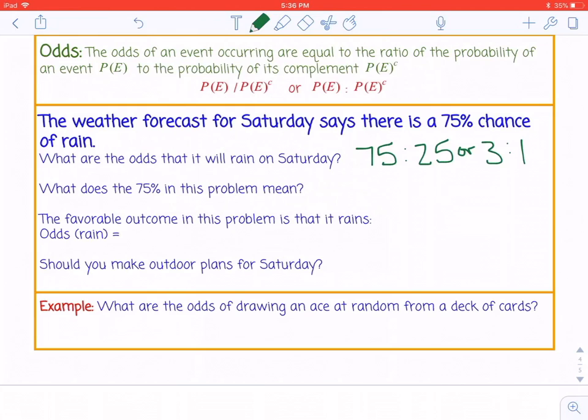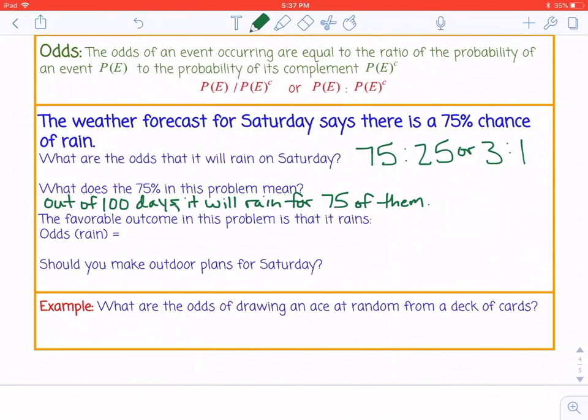What does the 75% mean in this problem? It means out of the next 100 days, or let's just say out of 100 days, keep it simple, it will rain for 75 of them.